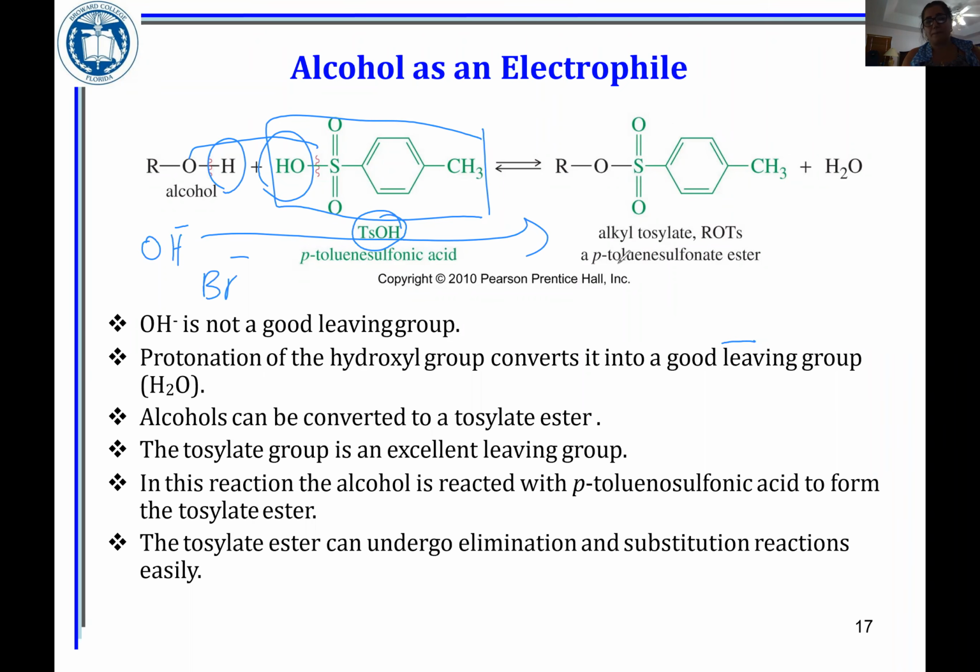The same way you learned before, to make OH a better leaving group, you change OH to OH2 by protonation. It changes to water, a better leaving group. This is another way. You are changing OH to OTs, which is a bulky group and a better leaving group.